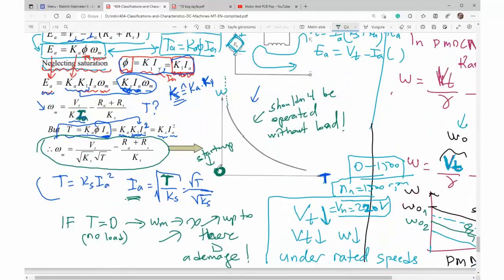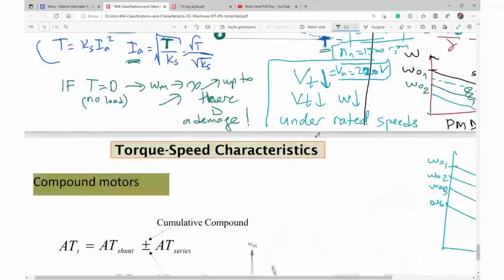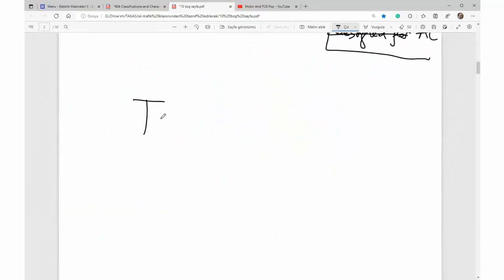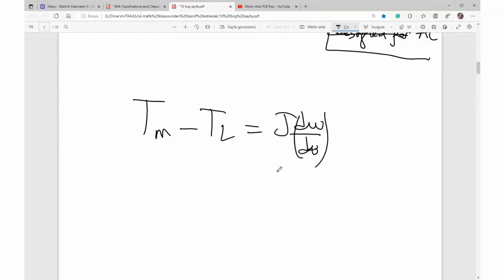In startup, there is no speed yet. This machine can produce extremely high torques. That is the most important thing for a motor. Remember Newton's equation: torque motor minus torque load is equal to J dW over dt, that is the angular acceleration. In case there is friction, there are other terms, that is a differential equation.